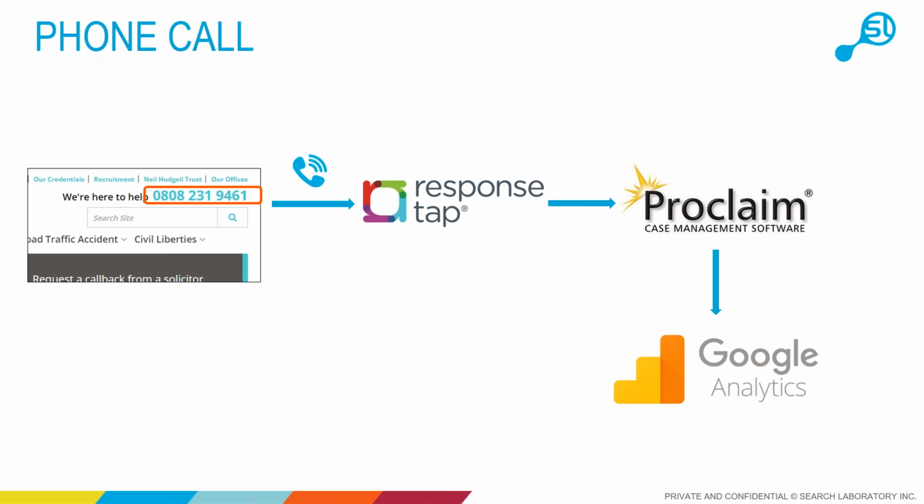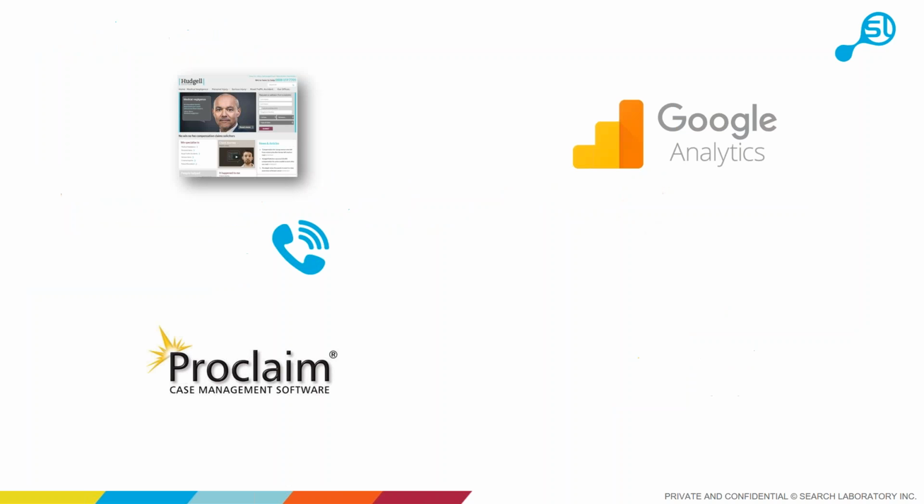So this slide is very high level, but it's just to say that it's not just limited to web forms. If you take a lot of inbound phone calls, there are solutions that exist to do this with those also.